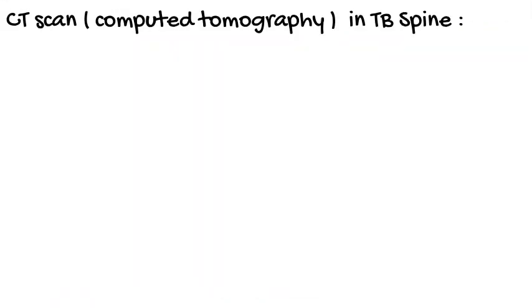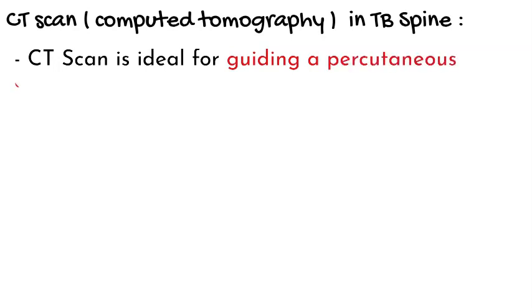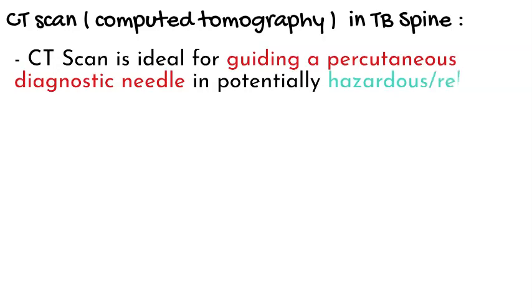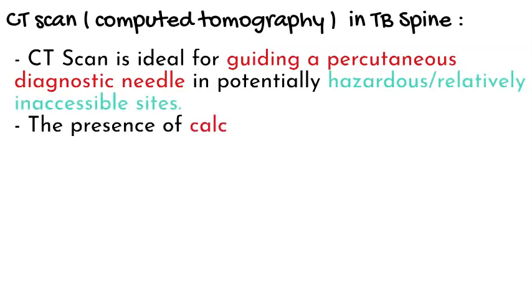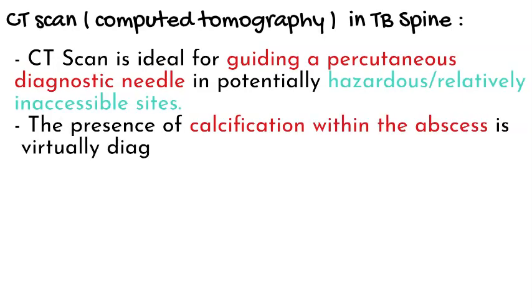CT scan is ideal for guiding a percutaneous diagnostic needle in potentially hazardous or relatively inaccessible sites. The presence of calcification within the abscess is virtually diagnostic of spinal TB.